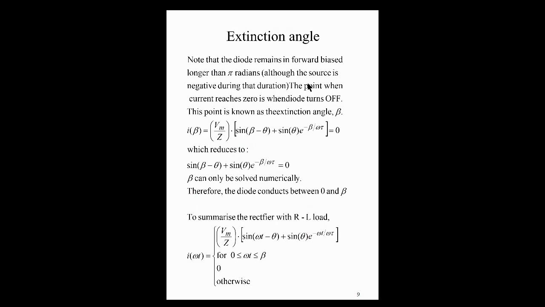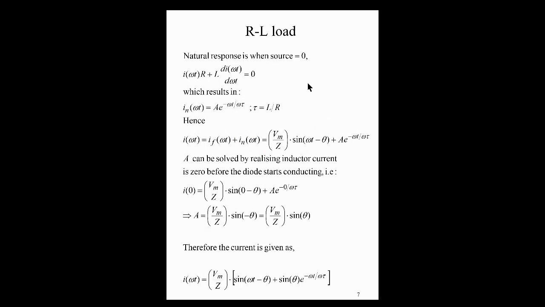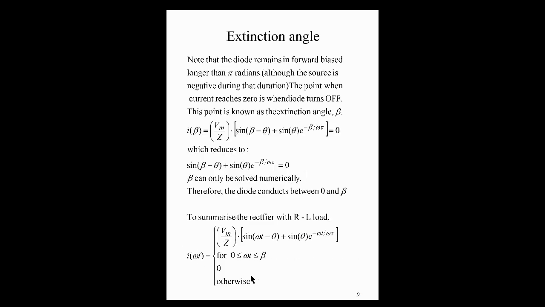So remember this formula that we have developed. We're going to substitute beta into this expression to determine the extinction angle. When this equals 0, we can determine our value of beta.